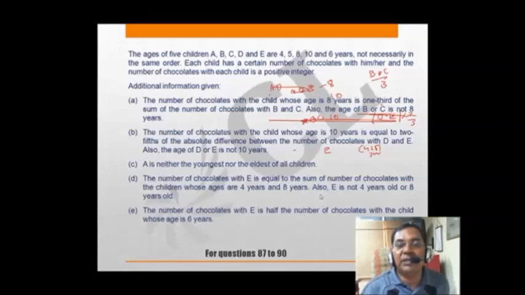So E can be 5 or 6. Okay. So E is definitely 5, because E is half the number of the child whose age is 6 years.